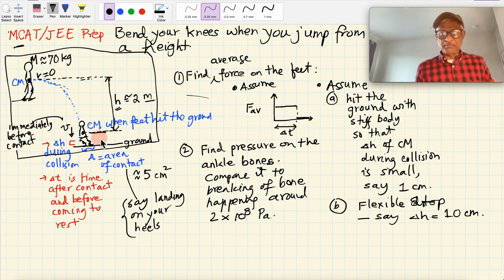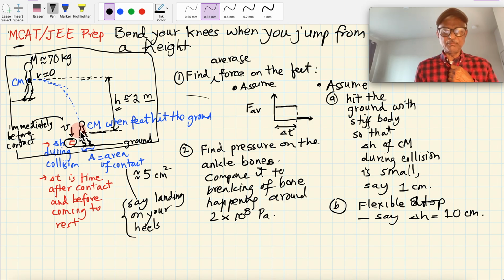So you first have a contact, and then as you lower your body, your CM is going to come down by delta H, this much.